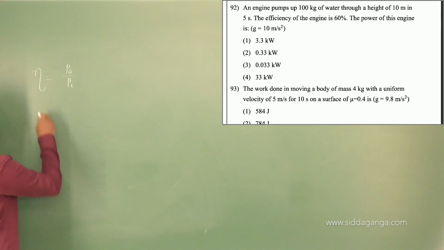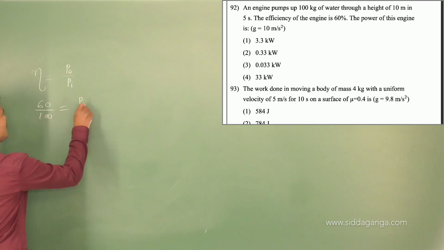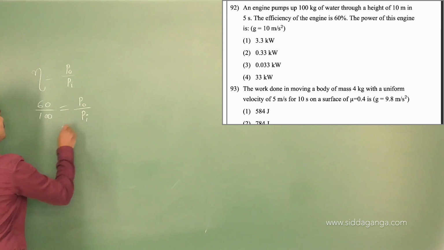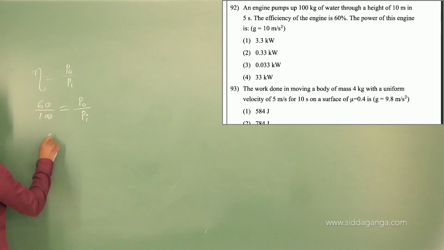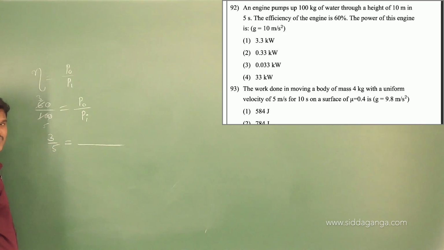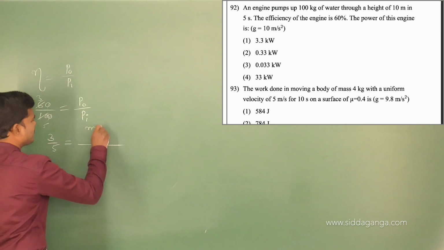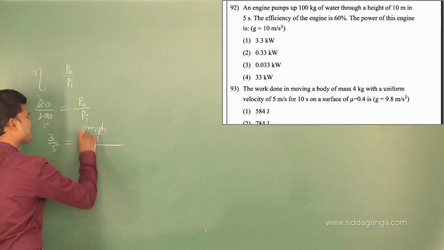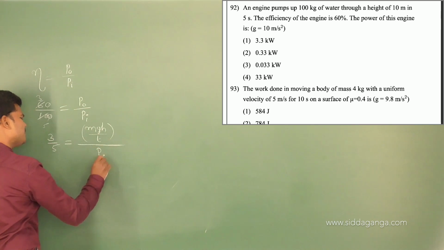Efficiency is given 60%, so 60 by 100, P output by P input. So 0.6 is 3 by 5. Power output, and water through a height is mentioned, so this power is mgh by t, and P input is our target.